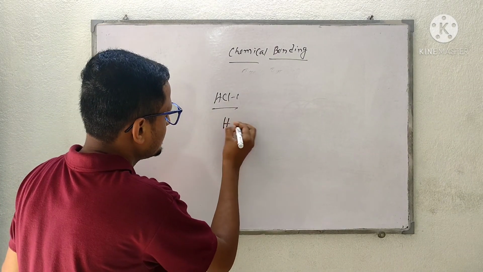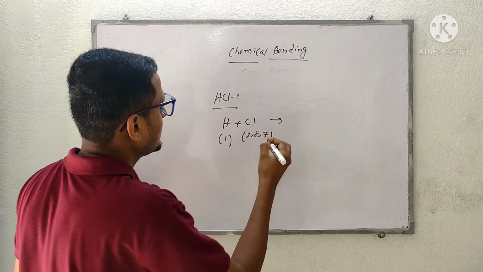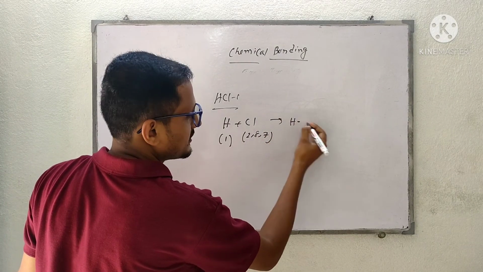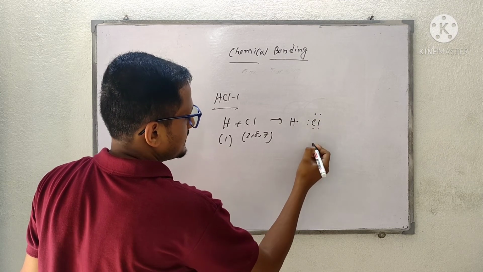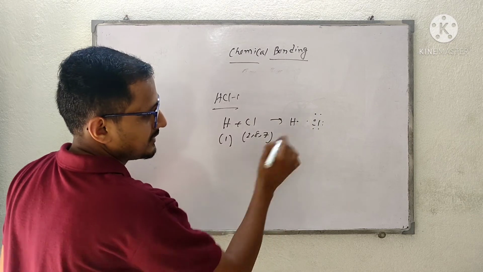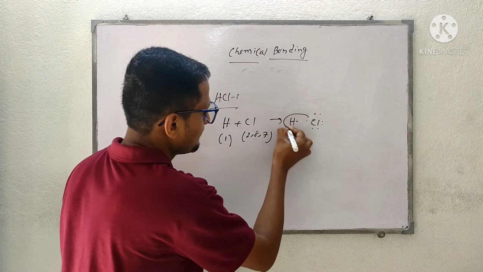Now one hydrogen and one chlorine have these electronic configurations. This hydrogen has one electron, and for this chlorine 2, 4, 6, 7. For hydrogen, if it gets 2 electrons it will be stable, so make a circle.